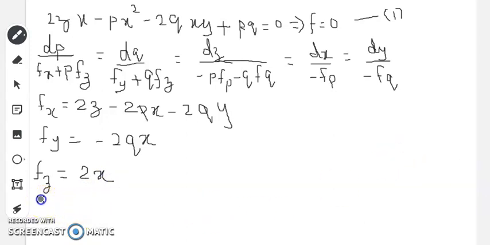Then fp is equal to, what is f with respect to p? The derivative of 2zx is 0, then minus px square is there, so minus x square into derivative of p, which is 1, then plus q.